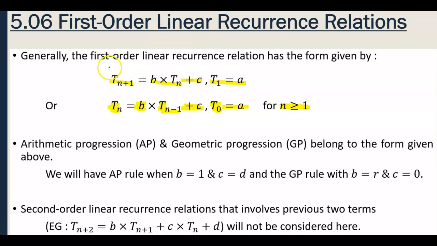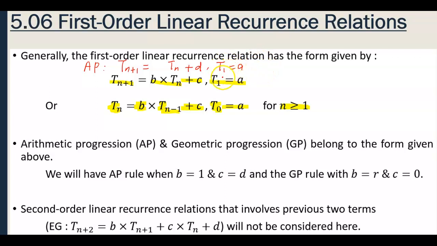Now let's look at the recurrence relation, or the difference equation, for arithmetic progression. I write it in the same format: Tn+1 equals Tn plus d, d being the common difference, and T1 is your initial term.